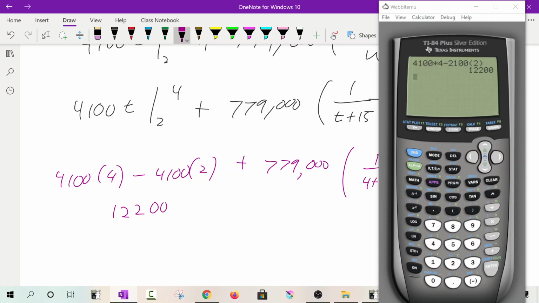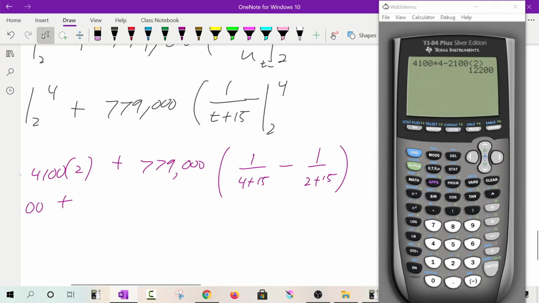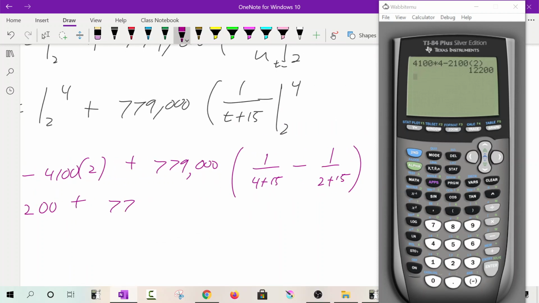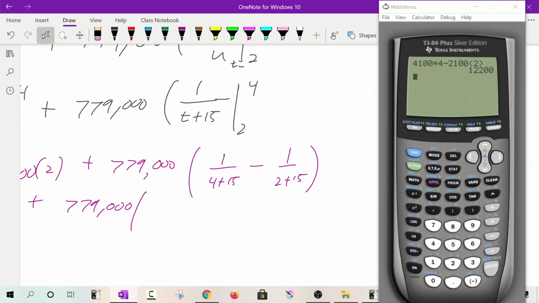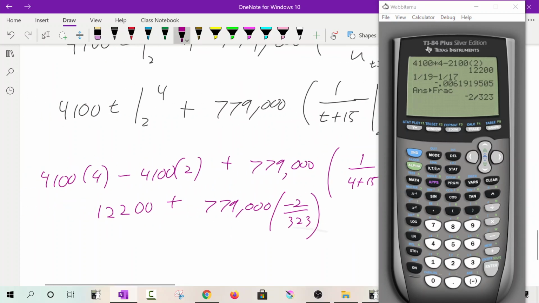Okay, plus, now over here, this is where it's going to get really fun, 779,000. I'm just going to do the fractions. So what is this, 1 over 19 minus 1 over 17? And let's turn that into a fraction. So this would be negative 2 over 323.